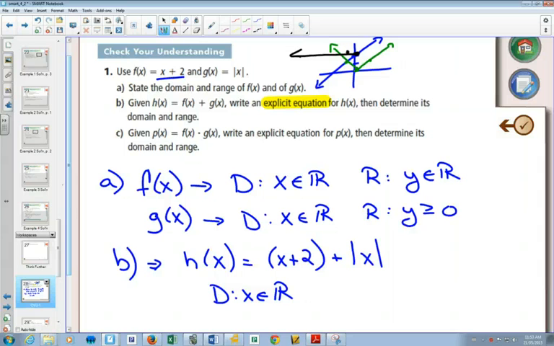Then after that, it's going to increase faster than that. And so our range is going to be bigger than or equal to 2.